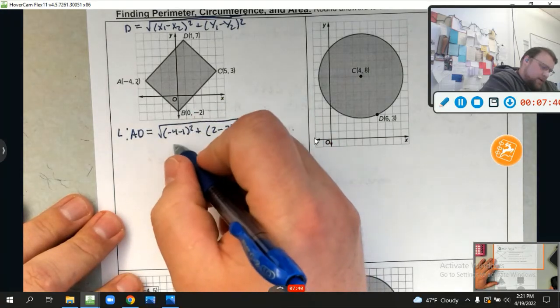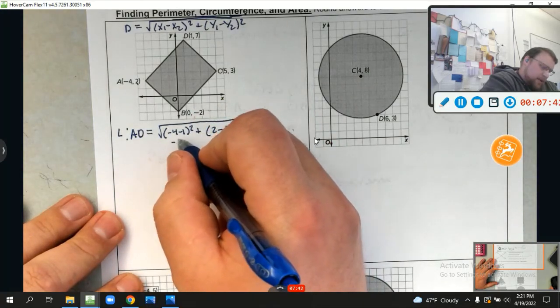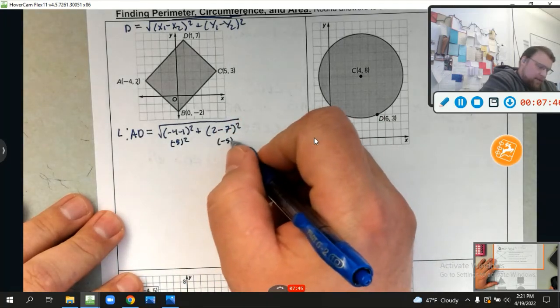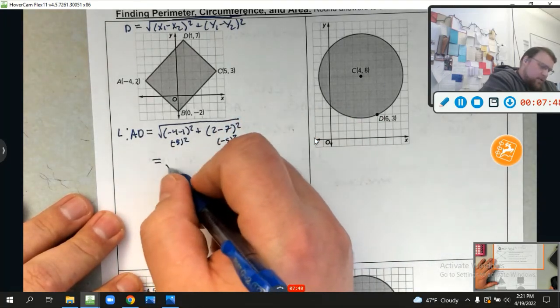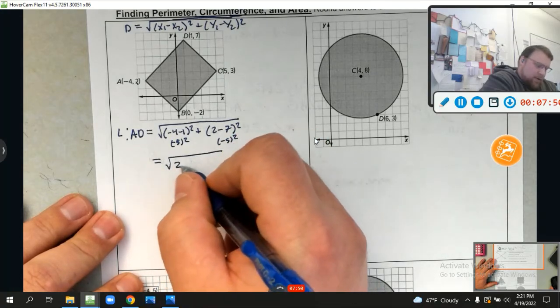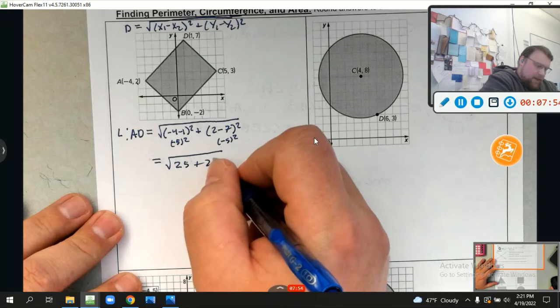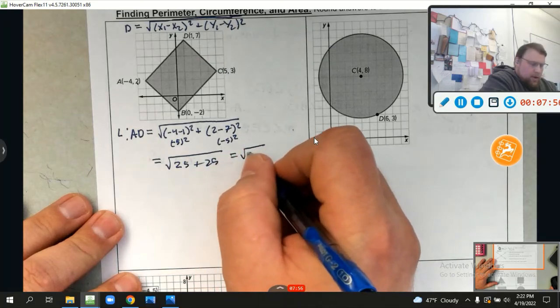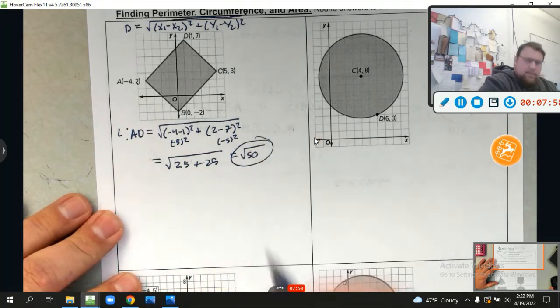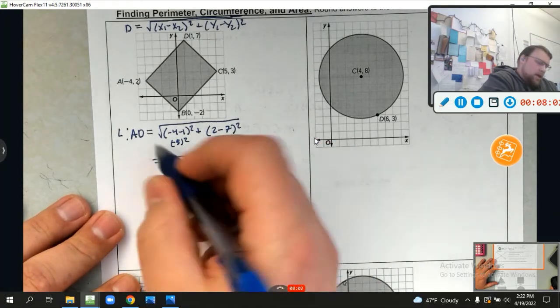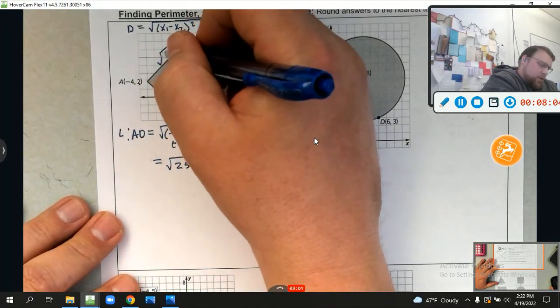Well, that's really just negative 5 squared, and that's just going to be, again, negative 5 squared. So this is going to equal the square root of 25, because negative 5 squared is 25, plus 25 again, which equals the square root of 50. And that is the length AD, so we know this is the square root of 50.